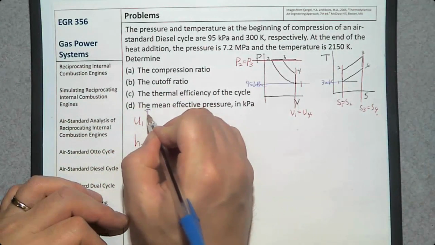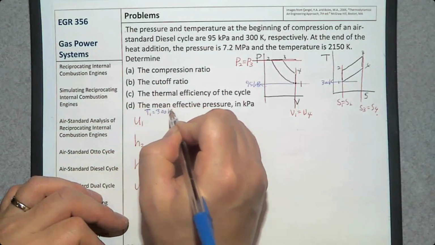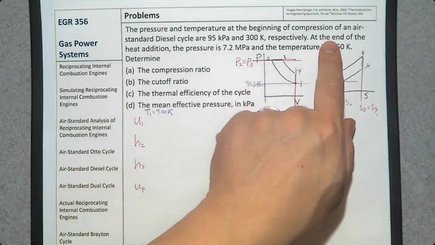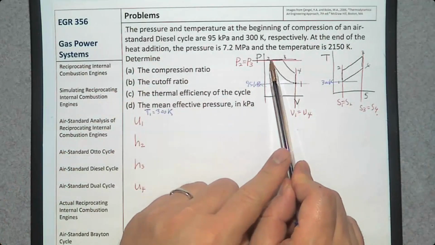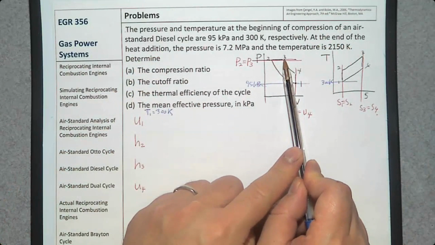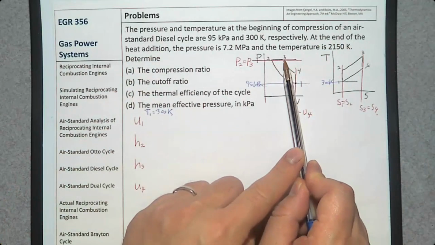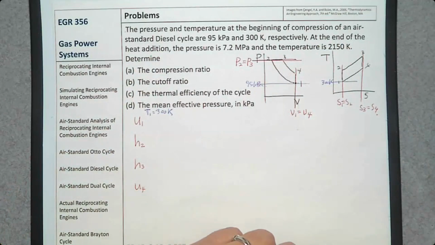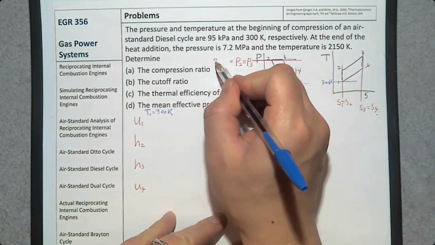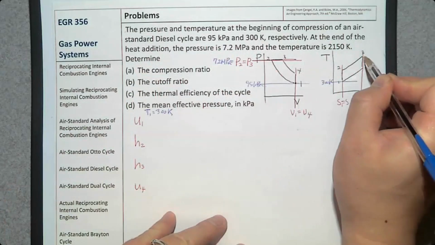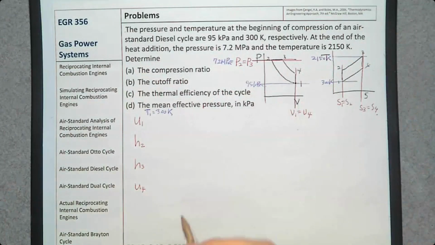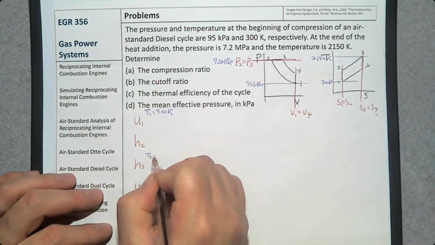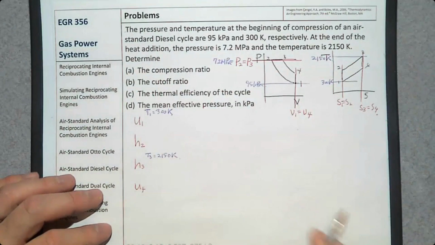And at the end of the heat addition, so heat addition is between 2 and 3, at the end, state 3, the pressure is 7.2 megapascal, and the temperature here is going to be 2150 Kelvin. So T3 is 2150 Kelvin.